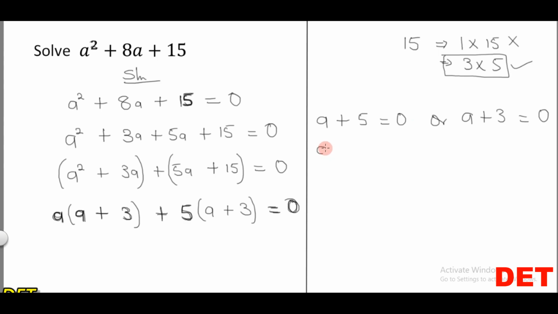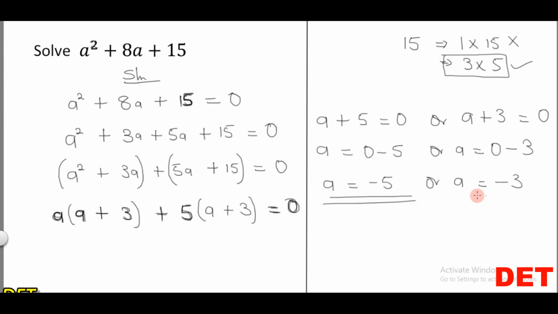So a is equal to 0 minus 5, or a is equal to 0 minus 3, since when this plus 3 crosses, it becomes minus 3. So a will be equal to minus 5, or a is equal to minus 3. This is my answer to this equation: a is equal to minus 5 or minus 3.